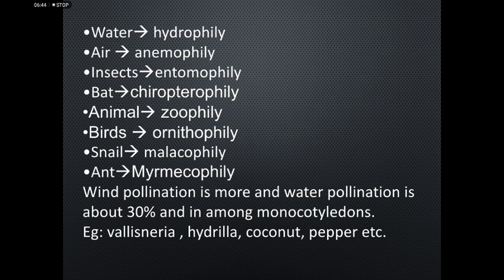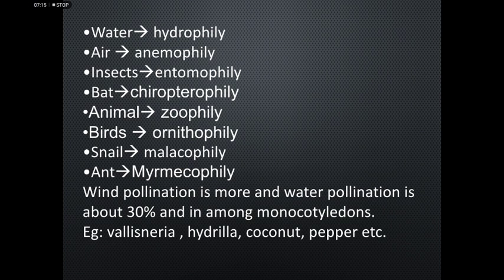Wind pollination is more common, and water pollination is about 30%, among monocotyledons. That means wind pollination takes place more in the case of monocotyledons. Examples: Vallisneria, Hydrilla, coconut, pepper, etc. Vallisneria can be studied in the next slide.